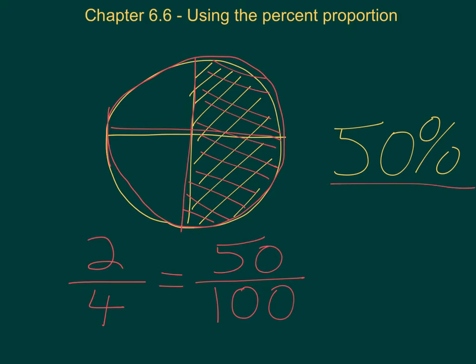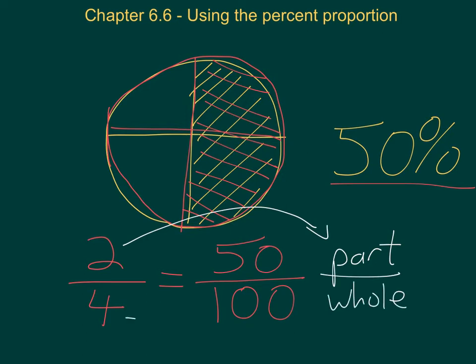Another way of thinking about it is the part that I ate divided by the whole is going to be the same as my percent over 100.